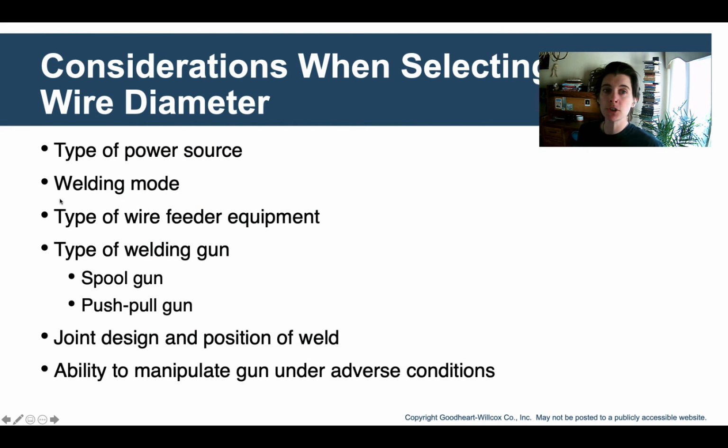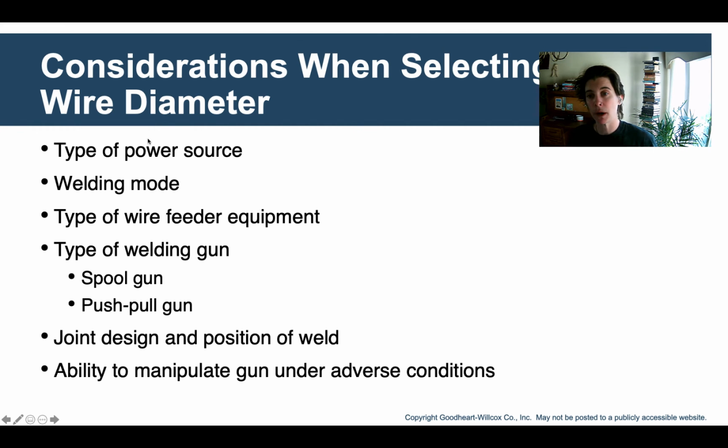Now, a consideration when you're selecting your own electrode: the weld wire diameter is really important for aluminum because aluminum is so much softer, so it's much harder to feed through the whole gun. So you want to start with as thick a wire diameter as possible.